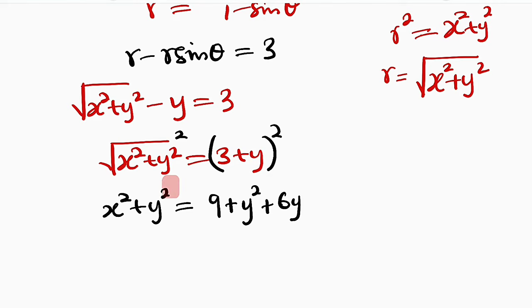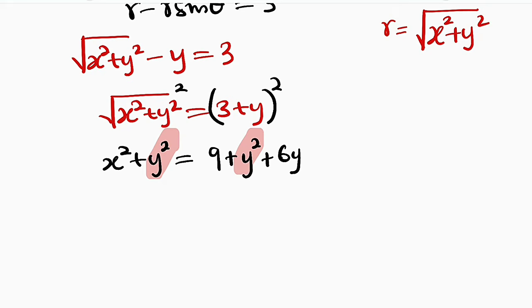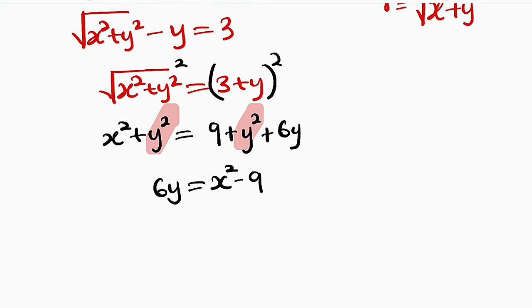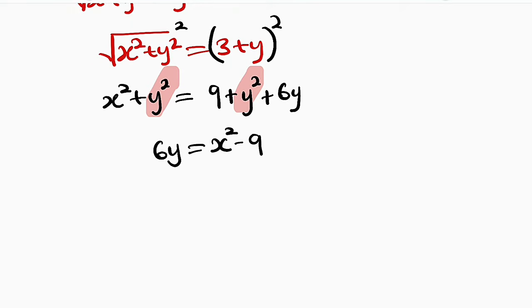From left to right, if you subtract y squared, they will go. Now let us make y the subject. You can see that 6y will be equal to x squared minus 9. Divide both sides by 6. You have y equal to x squared minus 9 divided by 6. This is our equation in rectangular form.